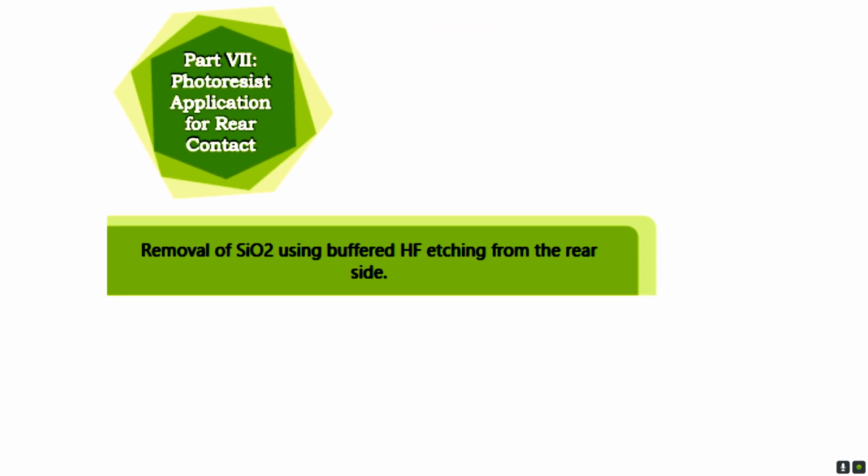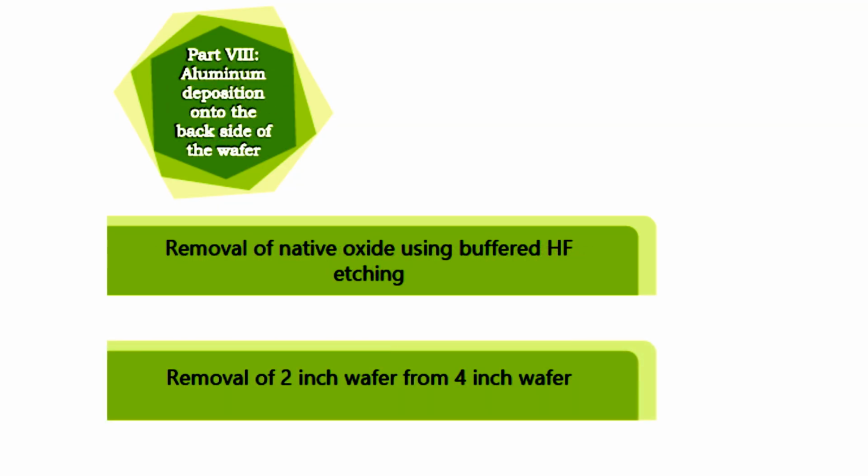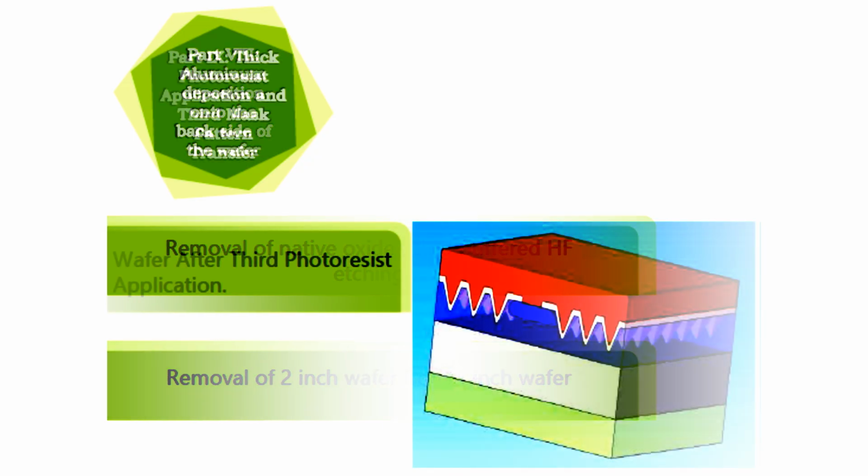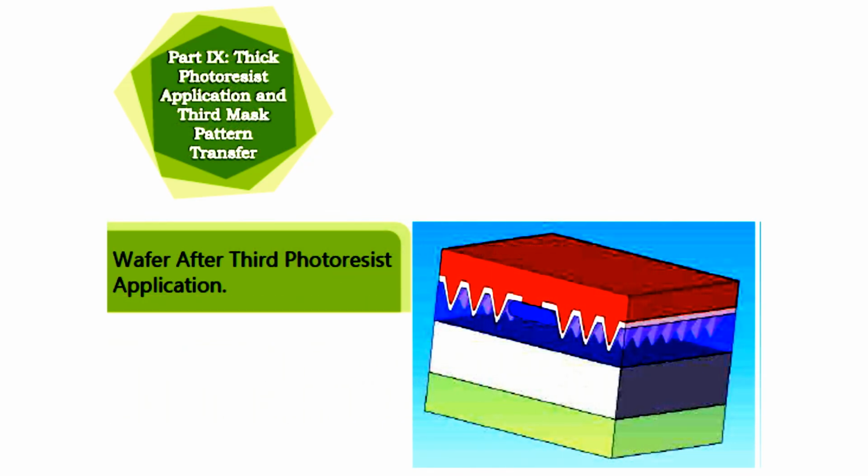Next, photoresist application for rear contact. Removal of SiO2 using buffered HF etching from the rear side or back side. Removal of 2-inch wafer from 4-inch wafer. Next, thick photoresist application and a third mask pattern transfer.